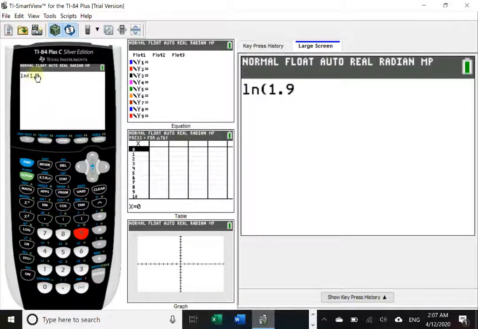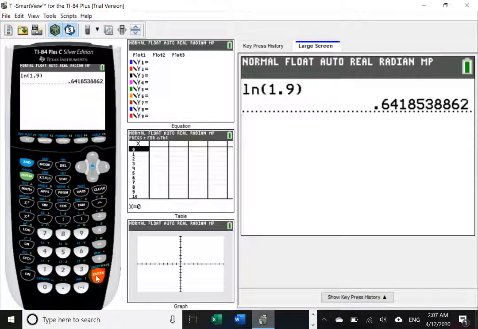And you can also see it in the display here on the calculator. Okay, no need to close parentheses, but I'm going to close parentheses just to look nice, and then hit enter. And there is a number again, rounded to the nearest ten thousandth, 4 decimals, that's 0.6418. The number immediately to the right of 8 is 5, so we're going to round up. This is going to be 0.6419, and that's how I got my answer of 0.6419.